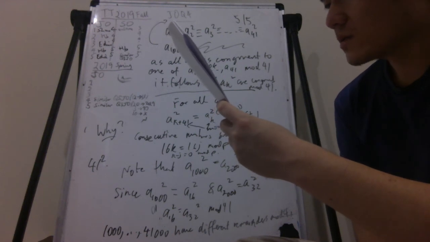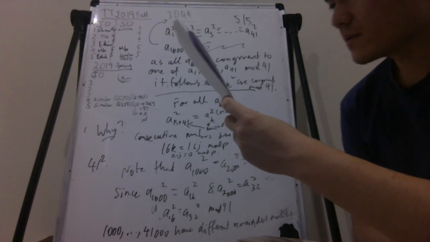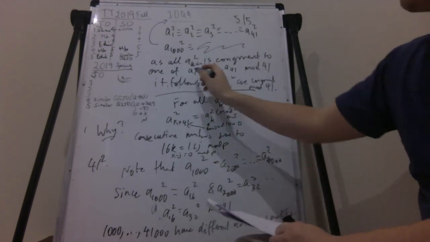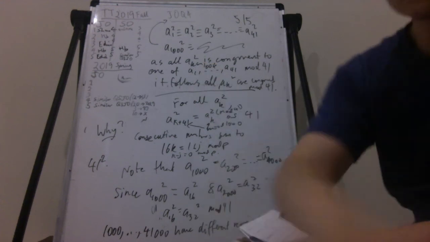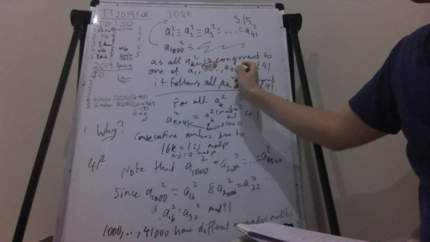And then it should be squared, yeah? It should be squared here. And this is squared. 1000k and then squared, yeah?